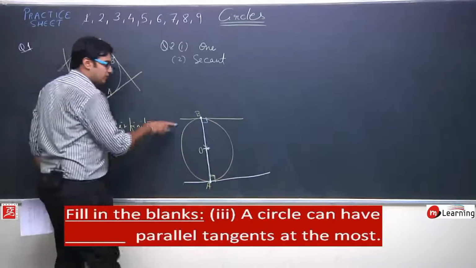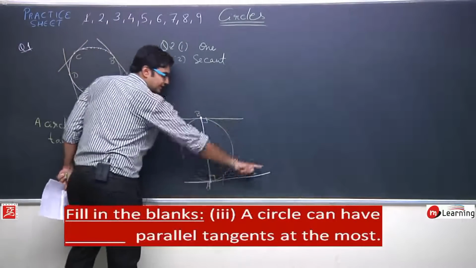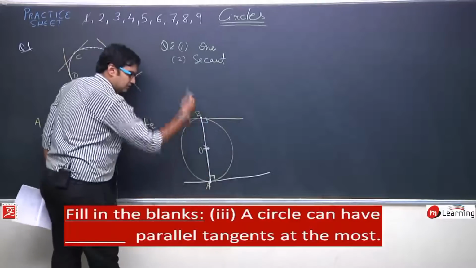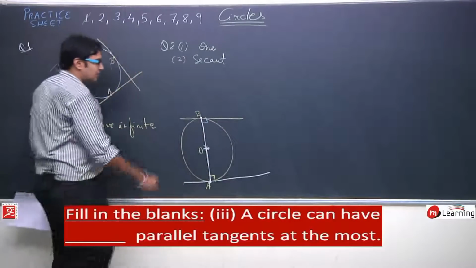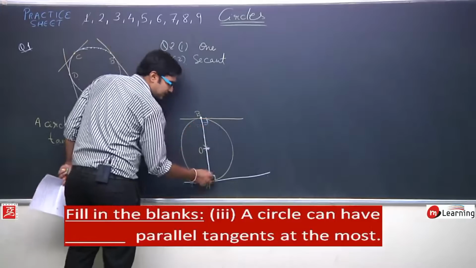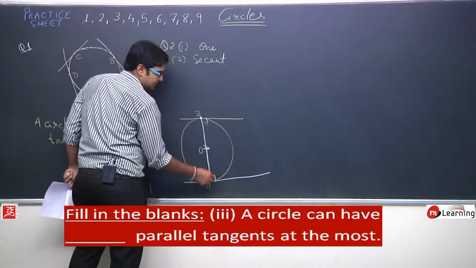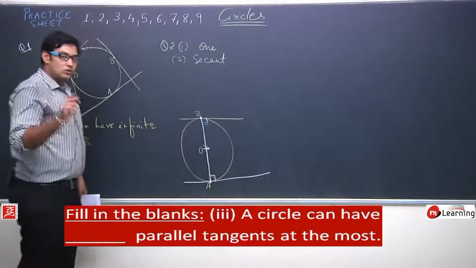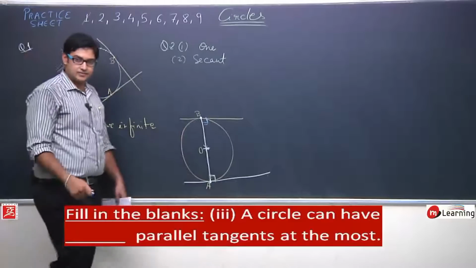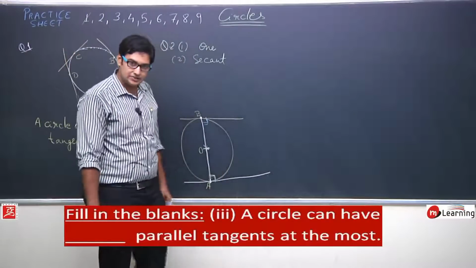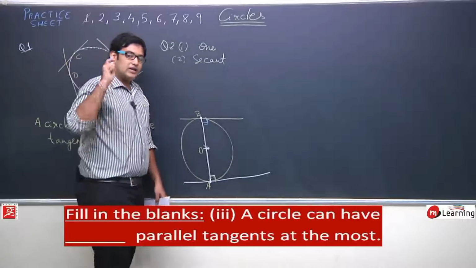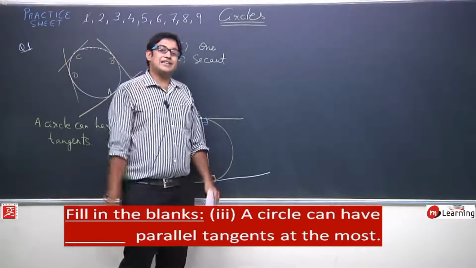Now, observe it very carefully. This is one line, this is the second line, and this line AB is a transversal. You can see that the sum of these two angles is equal to 180 degrees. Now, try to remember what you have studied in lines and angles.